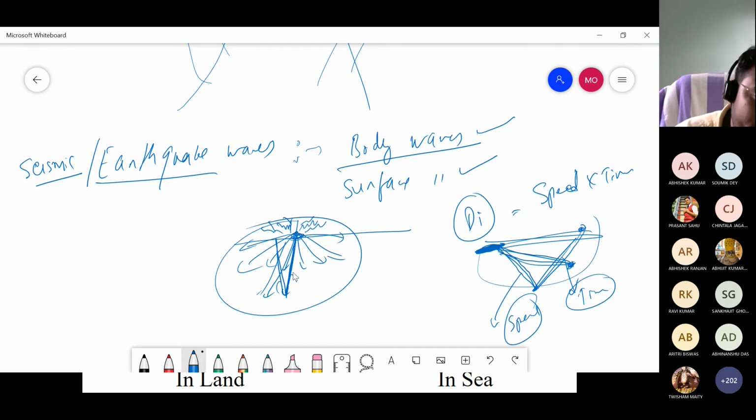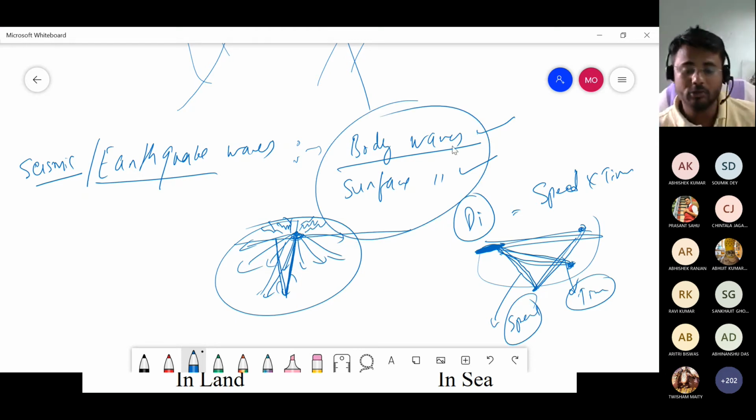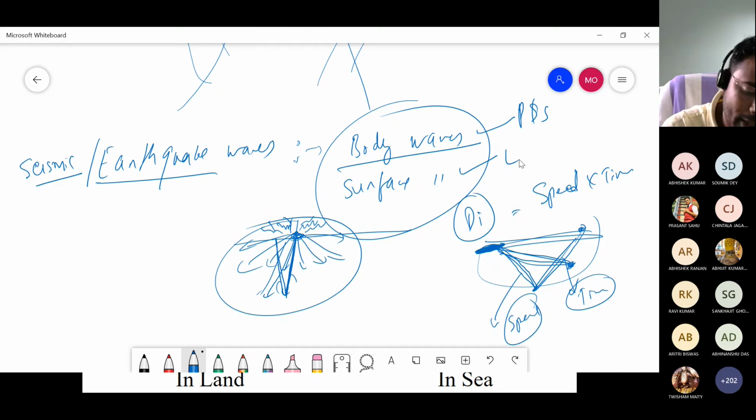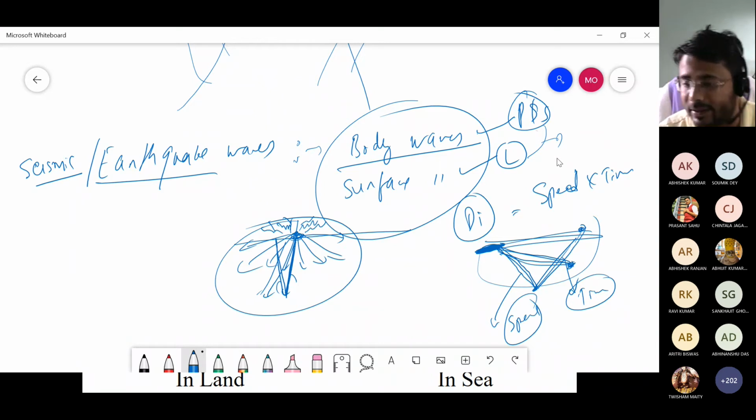But here the difference is that there are two types of waves in category: body waves, which themselves are P and S, and then L waves. These are three types of waves. All three types of waves have different characteristics. One can penetrate through any medium, the other two cannot penetrate through a liquid medium.